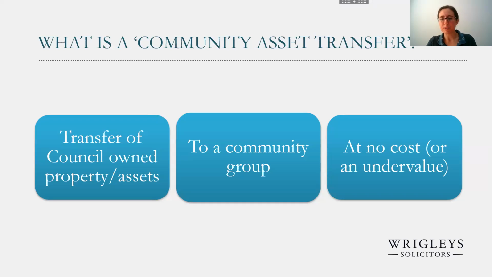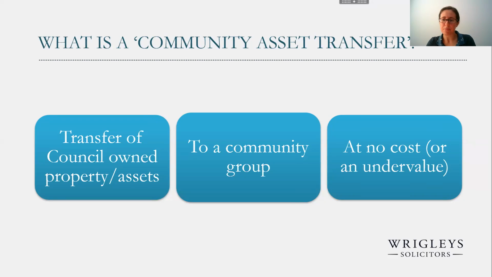It's also important at the outset, so that there's no confusion here, to make clear what a CAT is not. It's not the same as an asset of community value or the community right to bid that some of you might be familiar with. Those rights relate to the rights for community groups to bid for the purchase of assets, commonly owned by third-party landowners rather than councils.